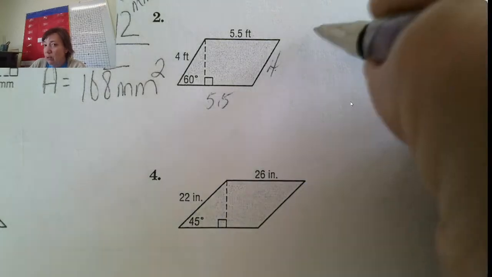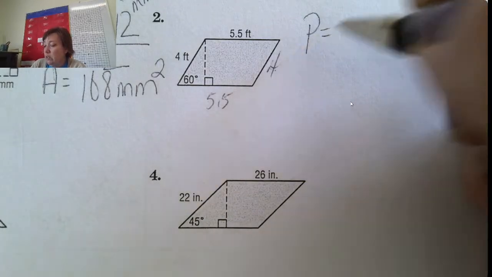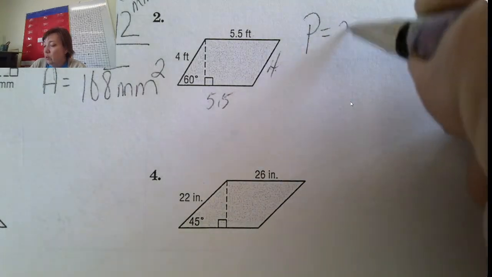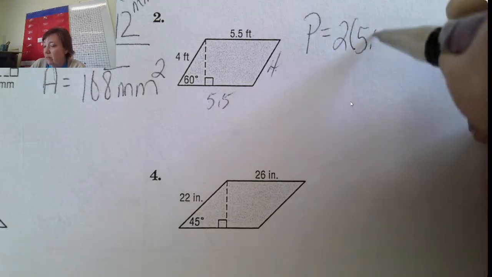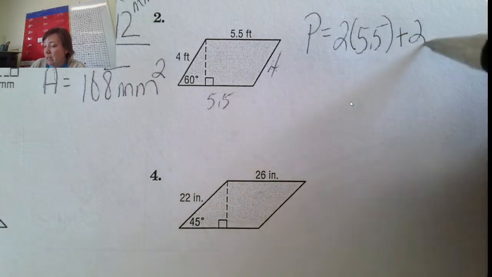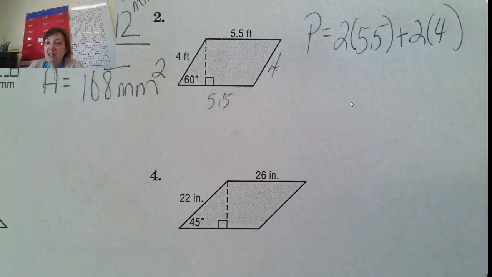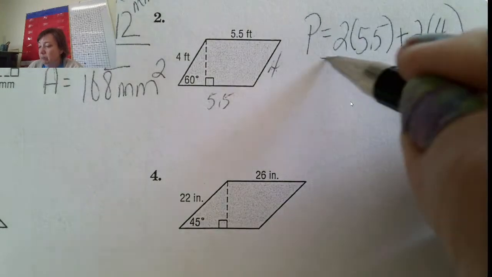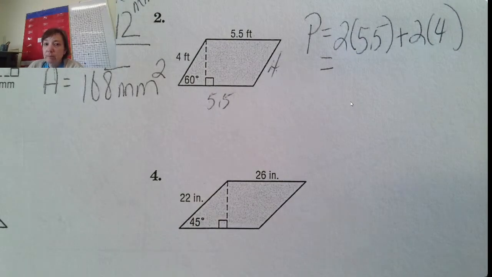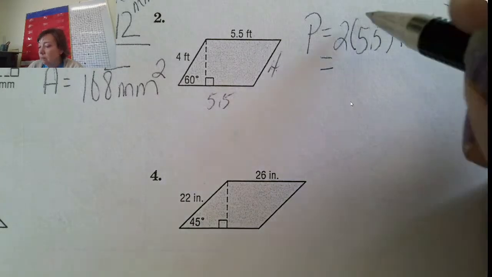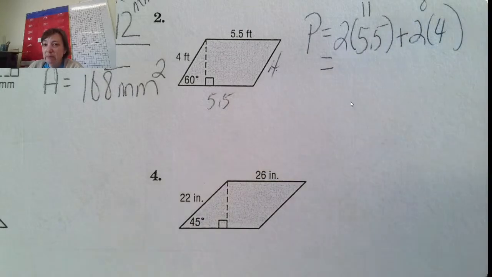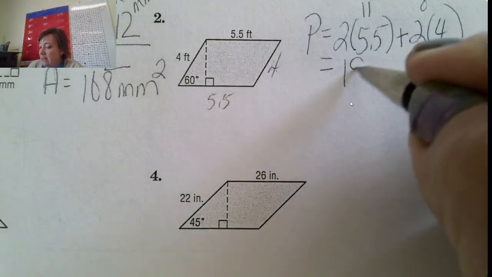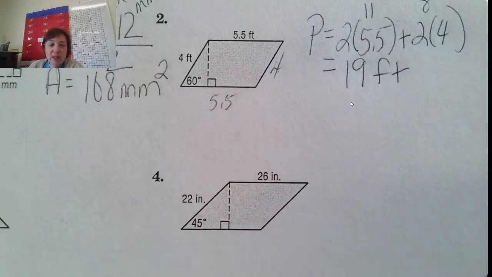So our perimeter on this one's going to be easy because we're just going to do 2 times 5.5 plus 2 times 4, and that gets us the perimeter of that shape, right? Is that 19? So 19 feet, right? That's our measurement. We didn't multiply any units. We just added them, so it's still feet.